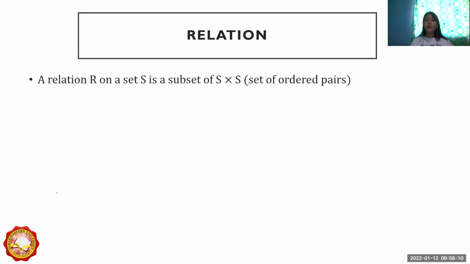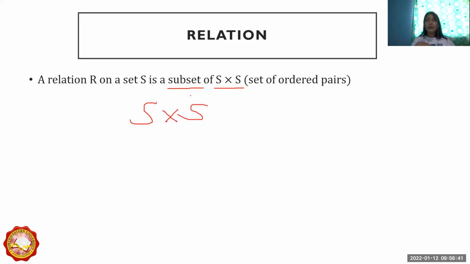Okay? So when we define relation, it's just a mapping, or it's just a subset of a Cartesian product between sets. Meaning, if you take the Cartesian product of a set, for example, here you have your set S and you're getting the Cartesian product of S to S, you can do that.